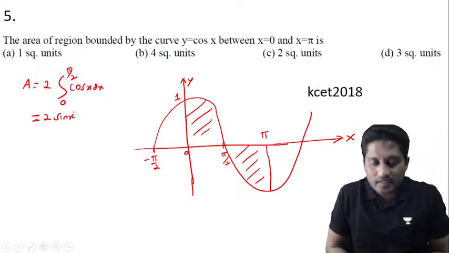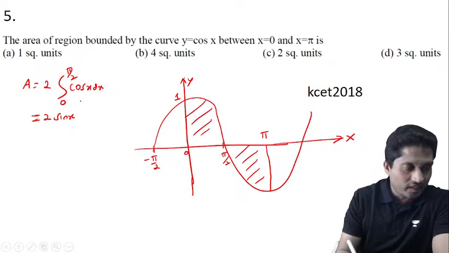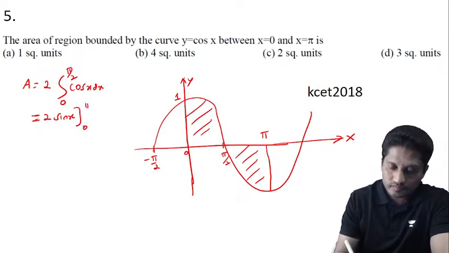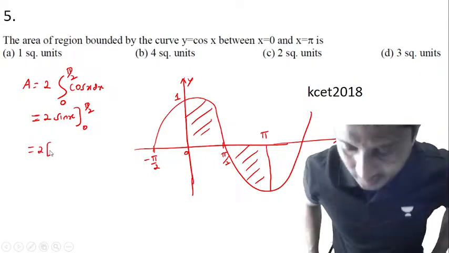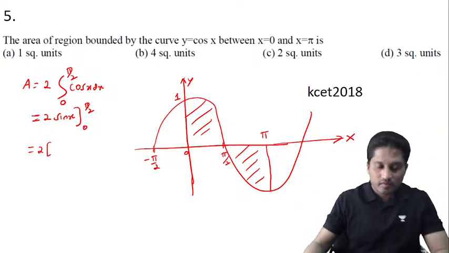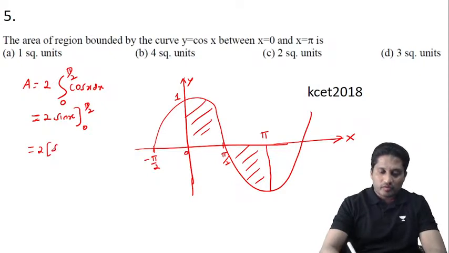Integration of cos x is sin x between the limits 0 to pi by 2. 2 into upper limit minus lower limit, right? So if I substitute now, upper limit will be sin pi by 2, lower limit is sin 0.